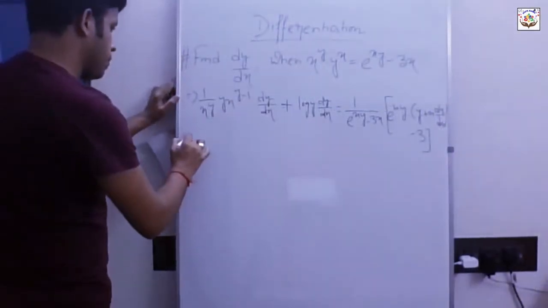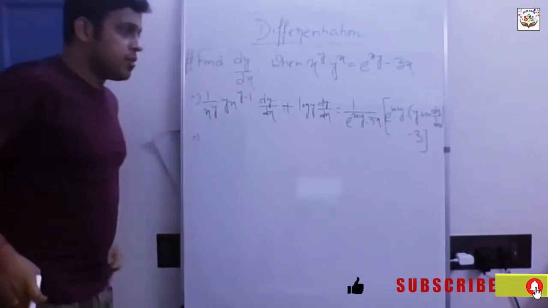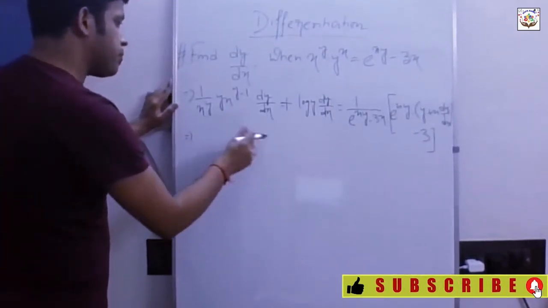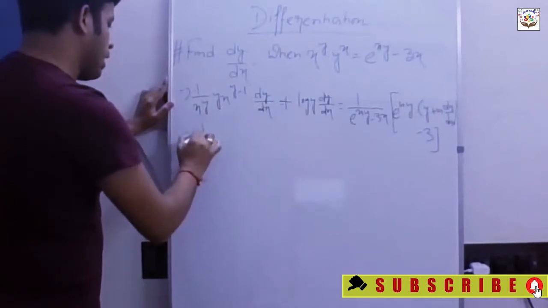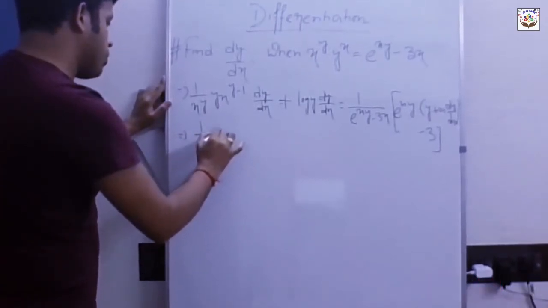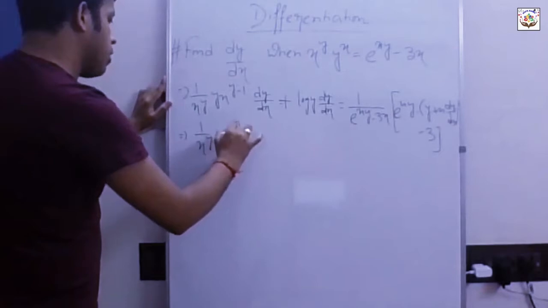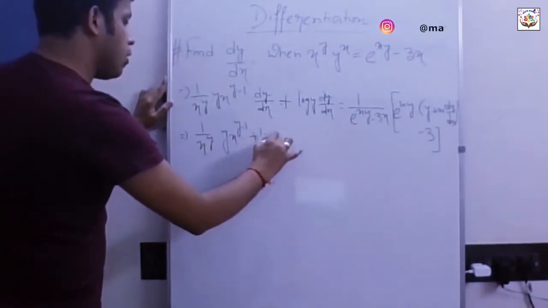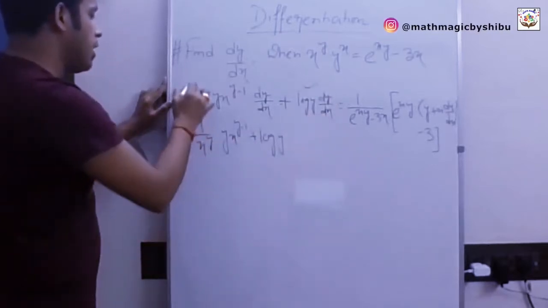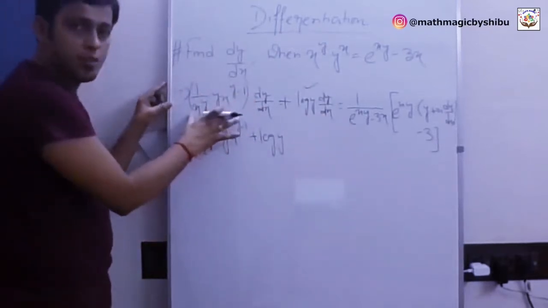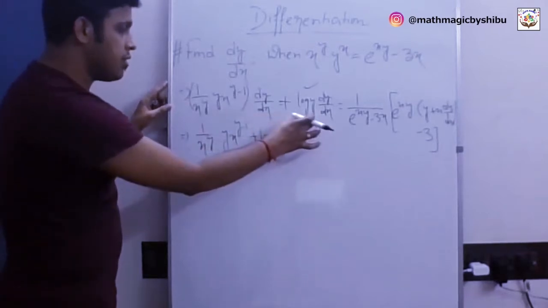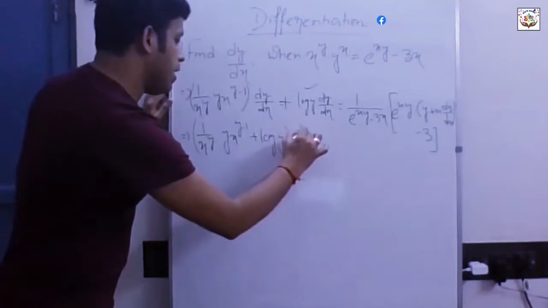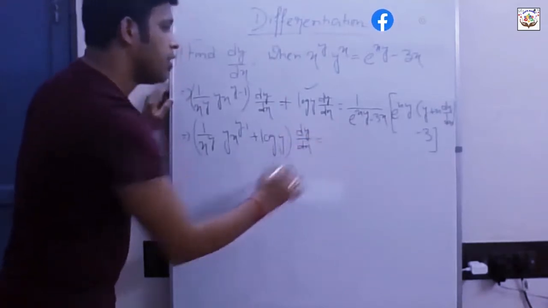Now let us take all the dy dx at one side. From here, can I write 1 by x to the power y into yx to the power y minus 1 plus log y. From here I am taking log y, and from here I am taking this expression. So this plus this can be taken within the bracket, and dy dx can be written, right?